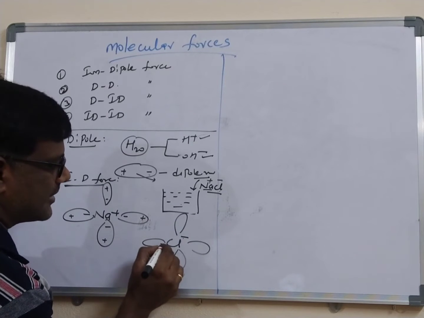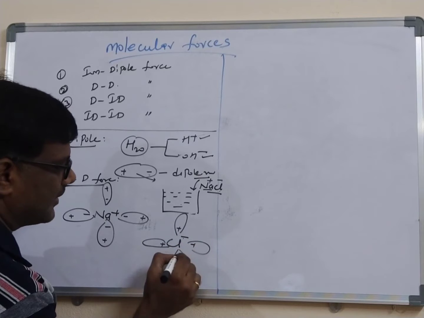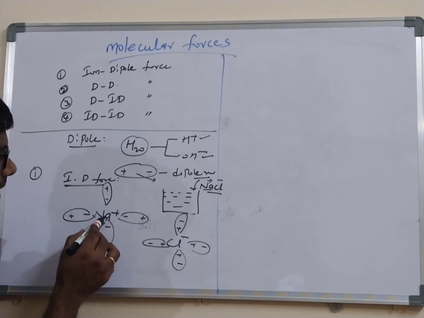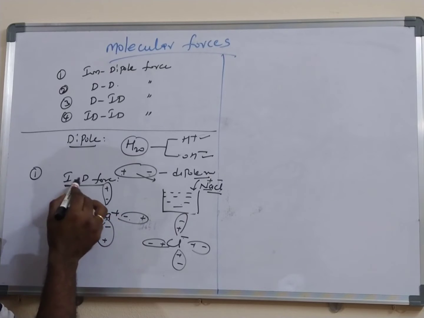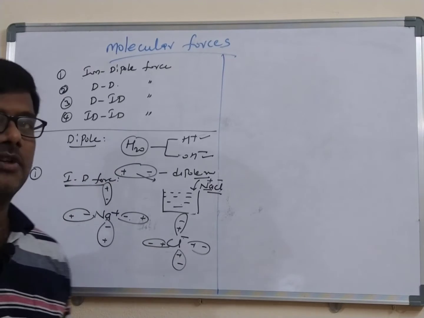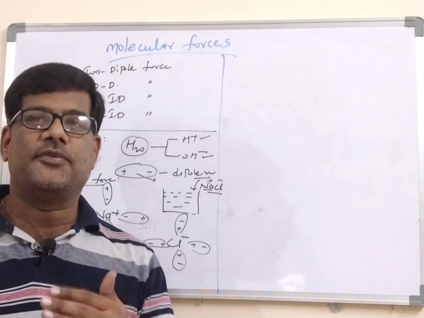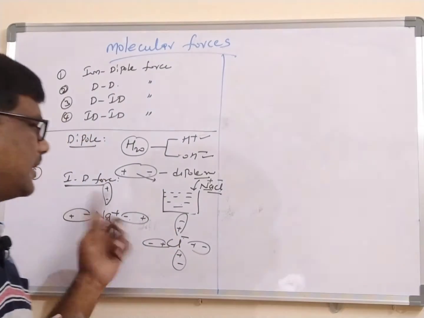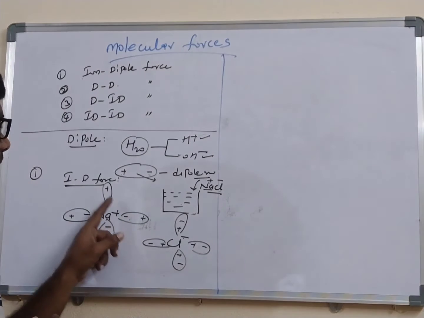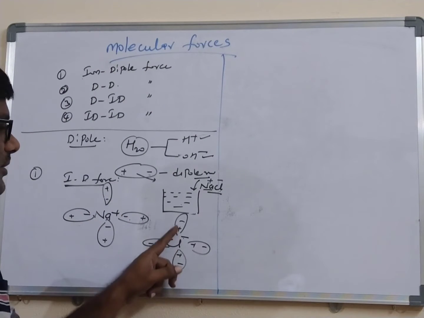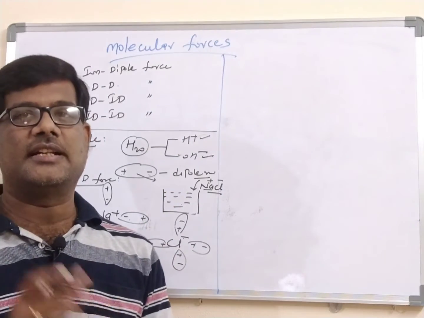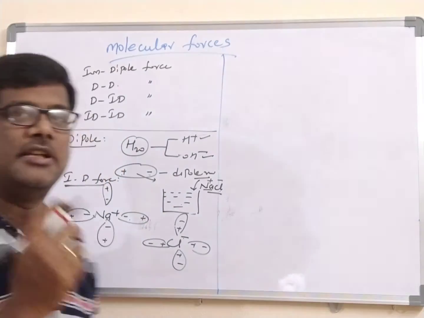A force that operates between the ion and the dipole is called the ion dipole force, where the positive ion moves to the negative end of the dipole, and the negative ion moves to the positive end of the dipole. And this force is called the ion dipole force.